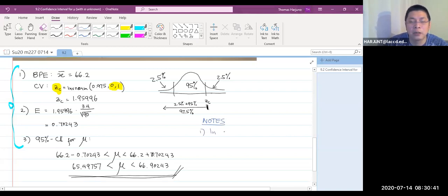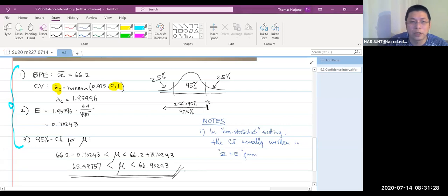First, in a non-statistic setting, the confidence interval is usually written in x bar plus minus e form.